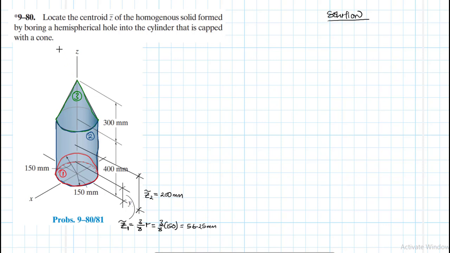Okay, and then finally the cone. Let's go to the cone. Let's say its centroid position is somewhere there. Okay, somewhere there. Yeah, and let me say I extend this line like this.